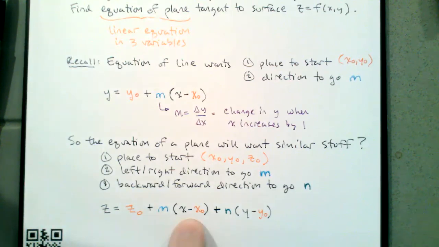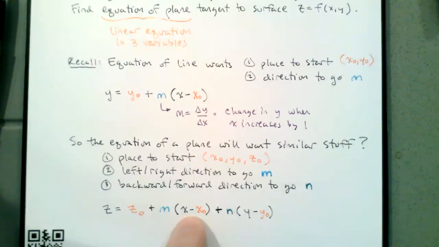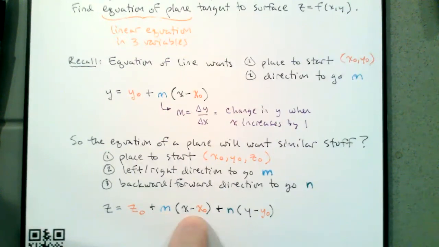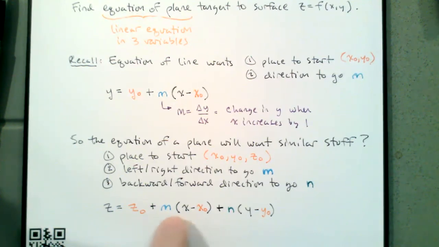And then we can see that when x starts changing from x naught, we start adding m. When x is x naught plus 1, we add m 1 time. When x is x naught plus 2, we add m 2 times. So m represents how z is changing in the x direction, the way I've written the equation here.